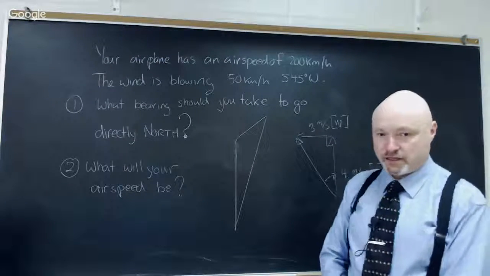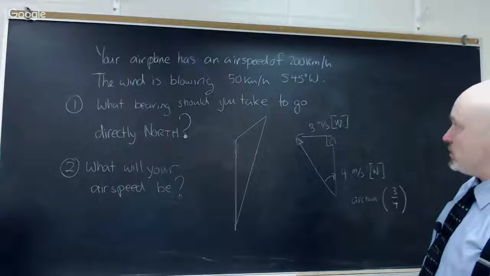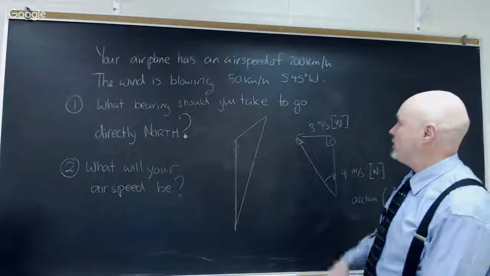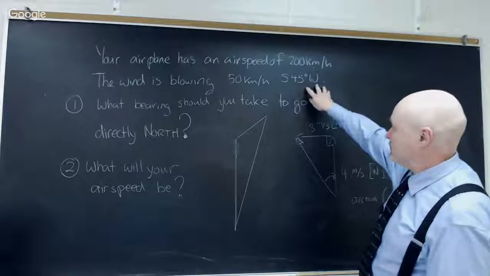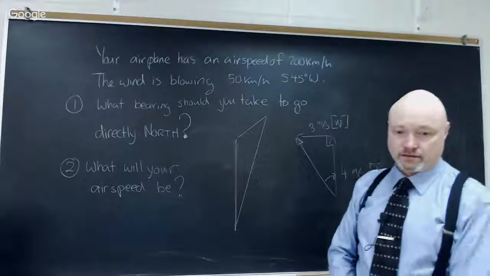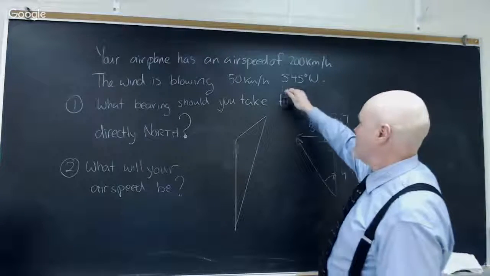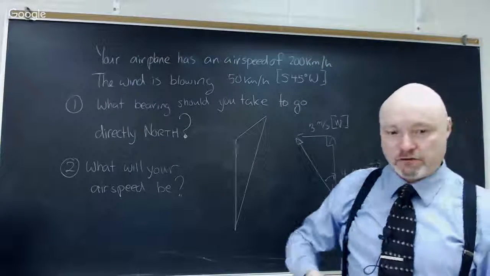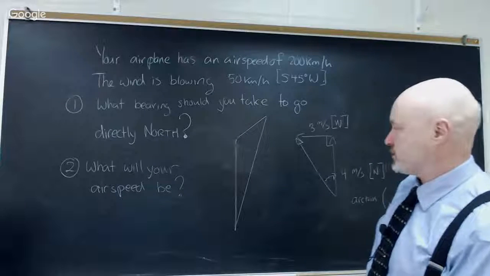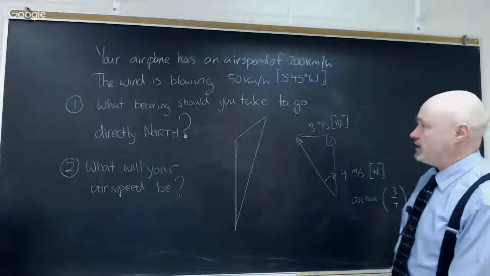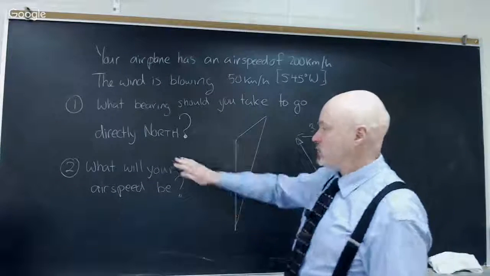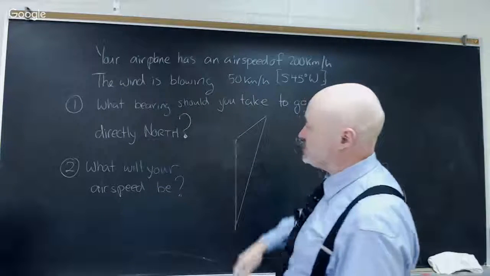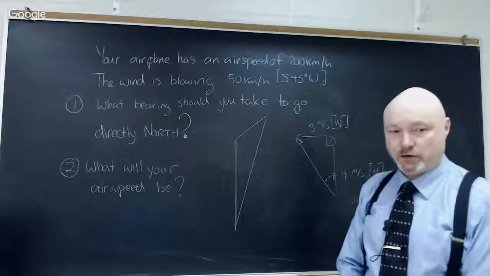Wind is blowing 50 kilometers an hour, south 45 degrees west. It means you start from the south and go 45 degrees in the direction of west. The big question is, what bearing should you take if you want to go directly north?